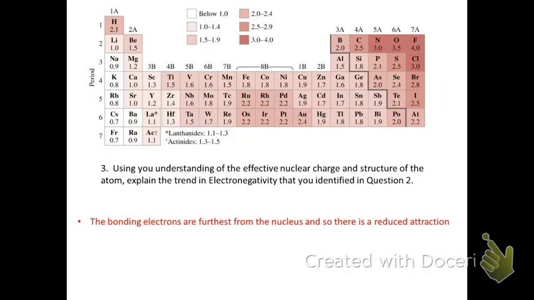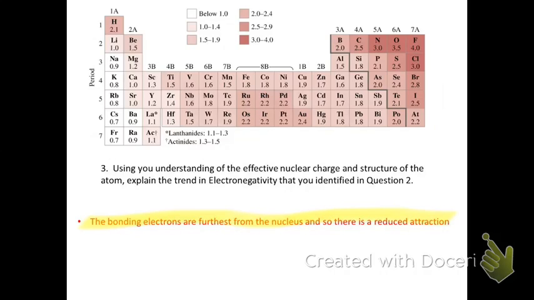So number 3, it says, using your understanding of effective nuclear charge and structure of the atom, explain the trend in electronegativity that you identified in question 2. And the best answer is down here at the bottom, where it says bonding electrons are furthest from the nucleus, and so there is a reduced attraction. So what that means, of course, is that as we go down the periodic table in a group, electronegativity decreases.